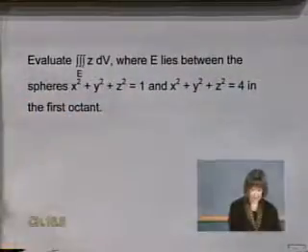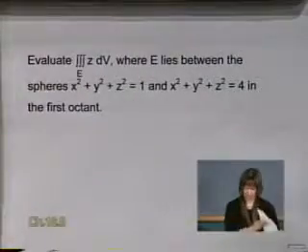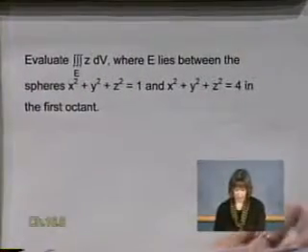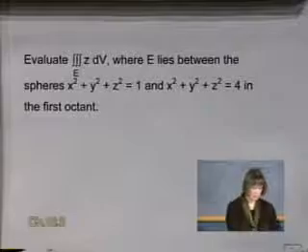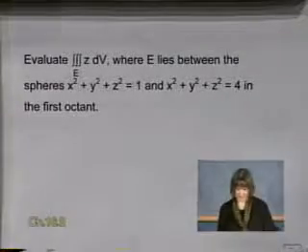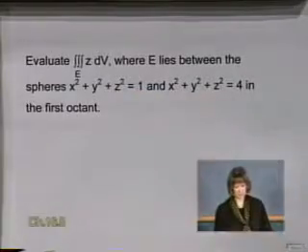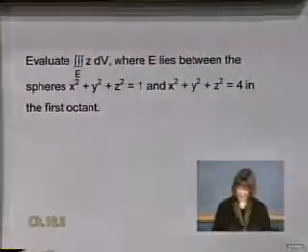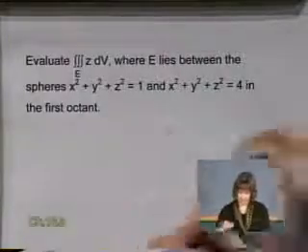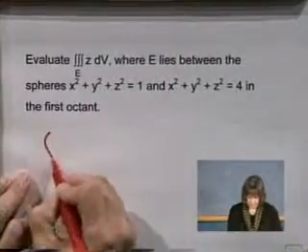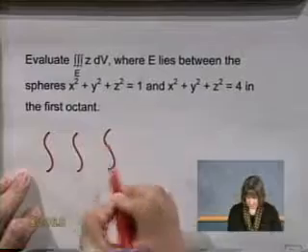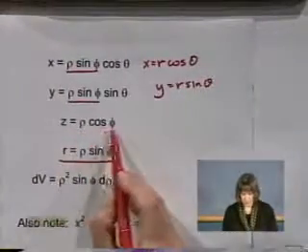Let's do another one. With this one, evaluate the integral of z dv, where E lies between the spheres x squared plus y squared plus z squared equals 1 and x squared plus y squared plus z squared equals 4. Okay, now, again, notice z is rho cosine phi.